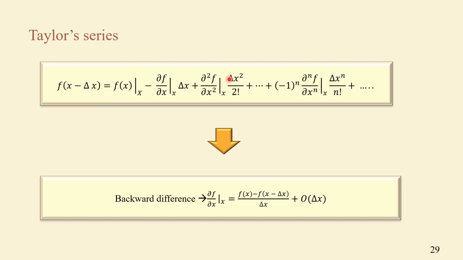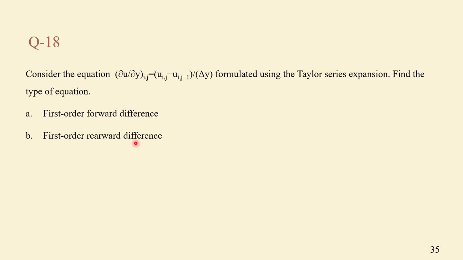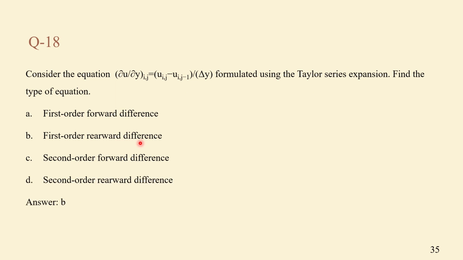On dividing by delta x, this particular term reduces to delta x by 2. So what is the power of this? The power would be 1. So the order of accuracy is 1. So it is a first order backward difference formula, a first order rearward difference. The answer to this particular problem is option B.